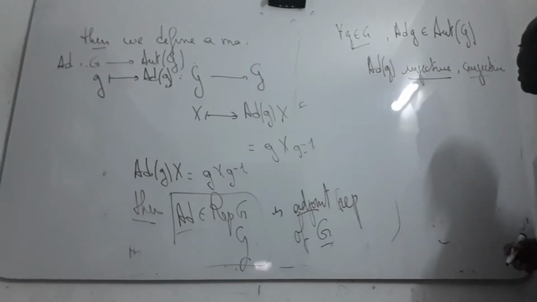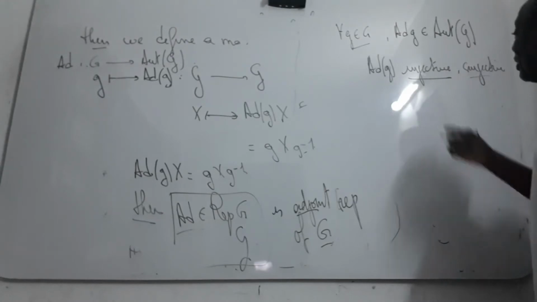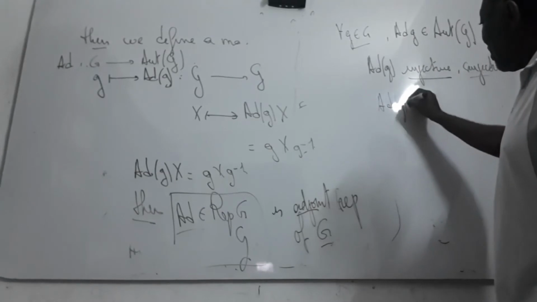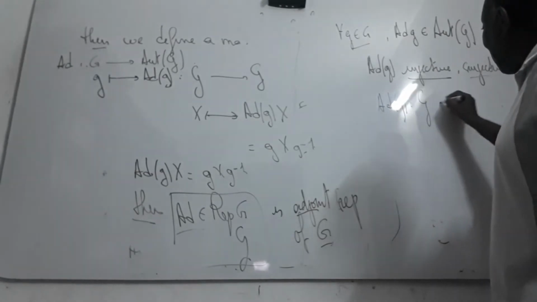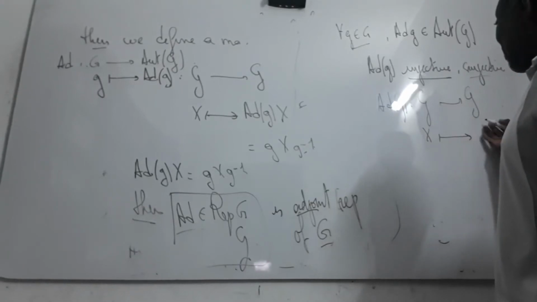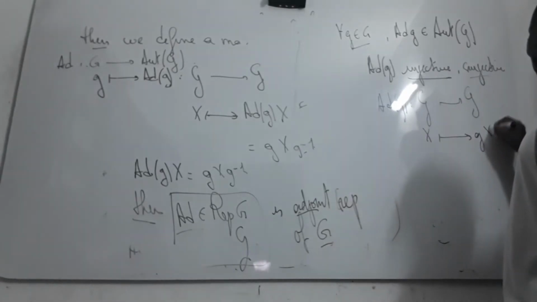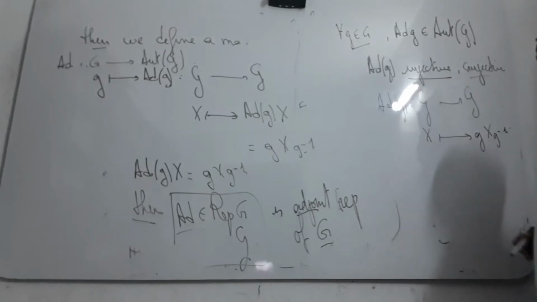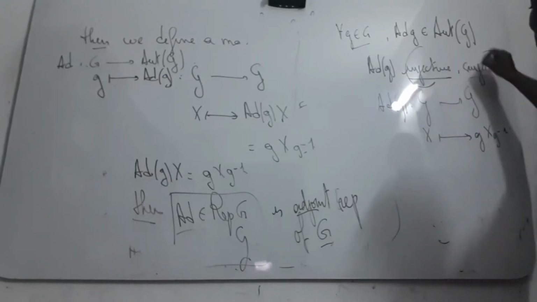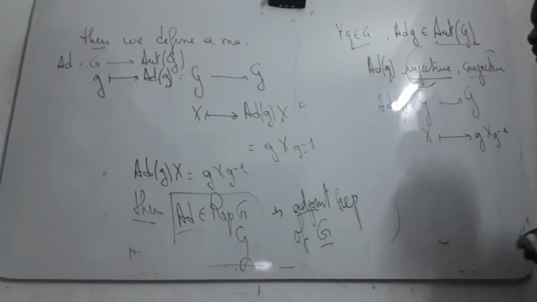It's very simple to prove. So you have this AD of G map, and you have G minus 1. So you have this one also injective, then it is an automorphism of this structure.